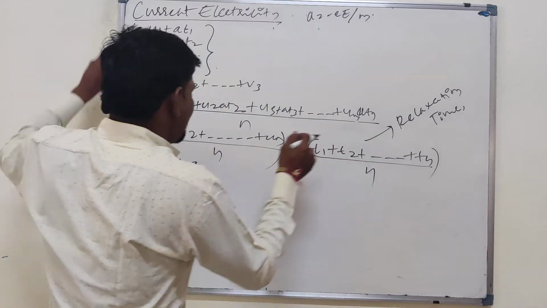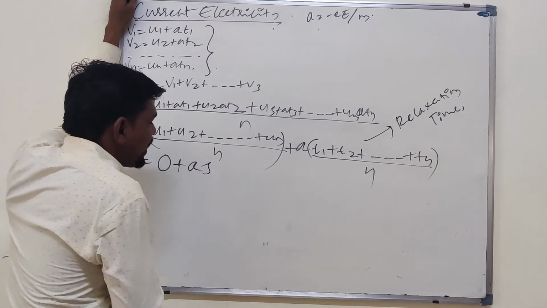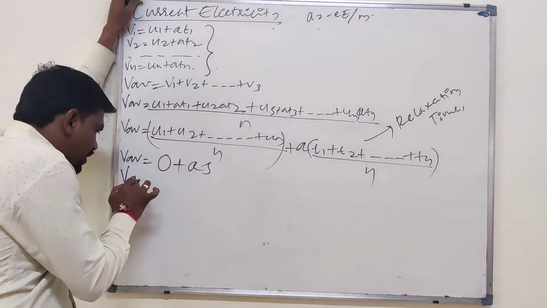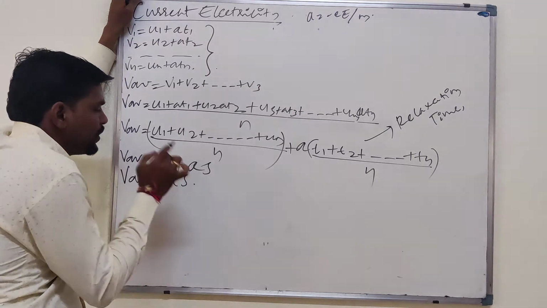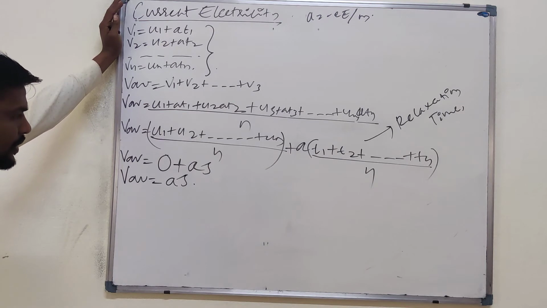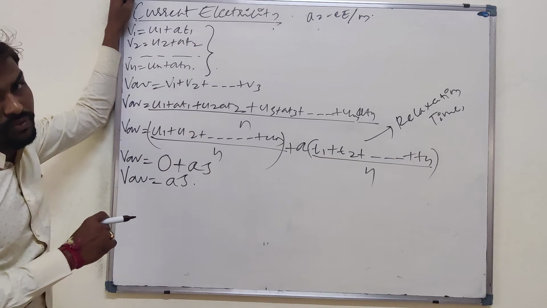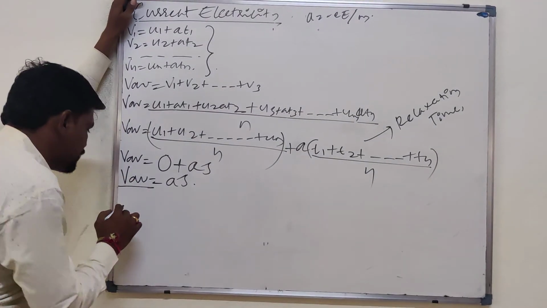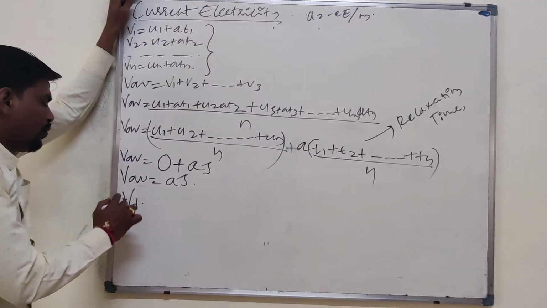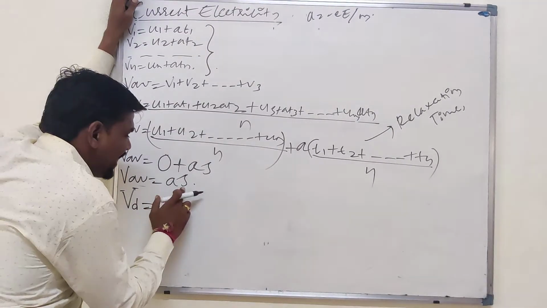This relaxation time is denoted by tau. Then V average is equal to A into tau. In our definition, this average velocity gives the drift velocity, denoted by Vd. So the drift velocity is A tau.